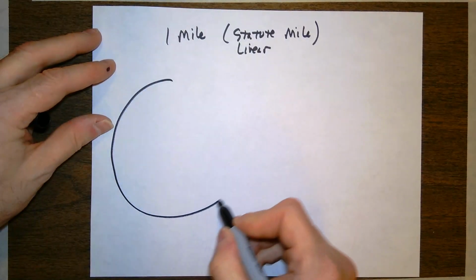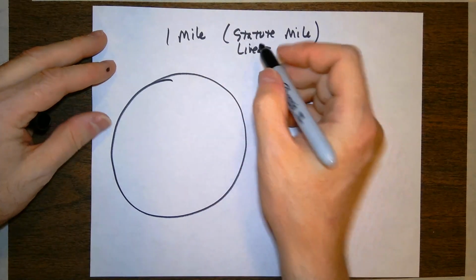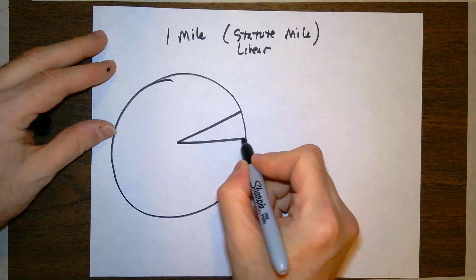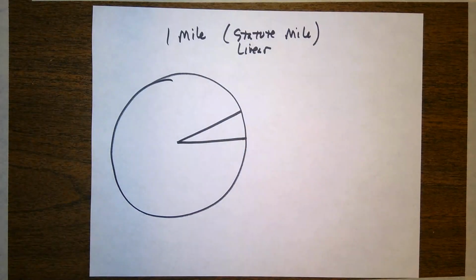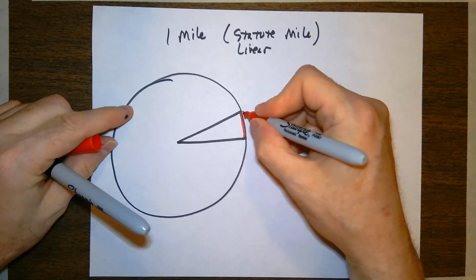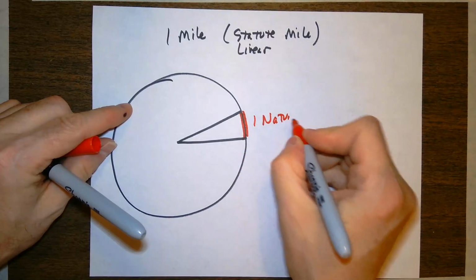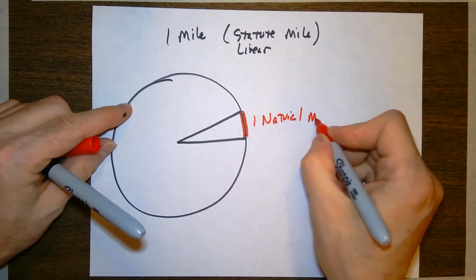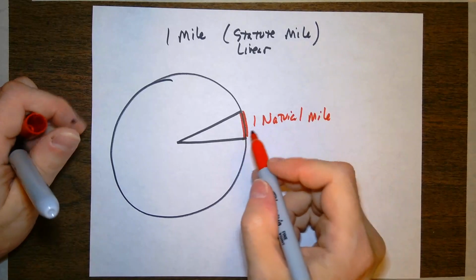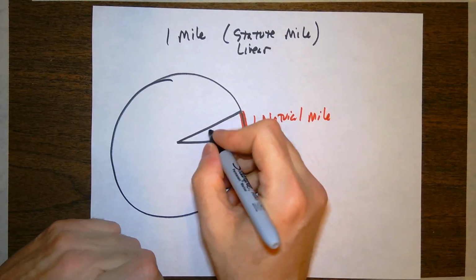Sorry, flat earthers. And the definition of a mile is actually the length of the arc. So this length right here is going to represent 1 nautical mile, and it's curved.